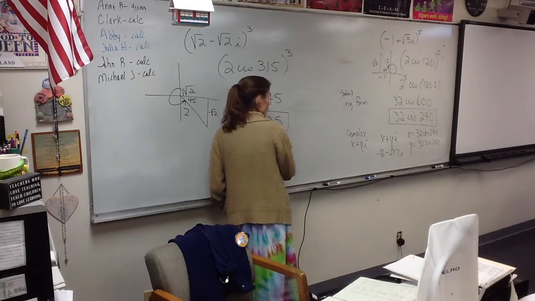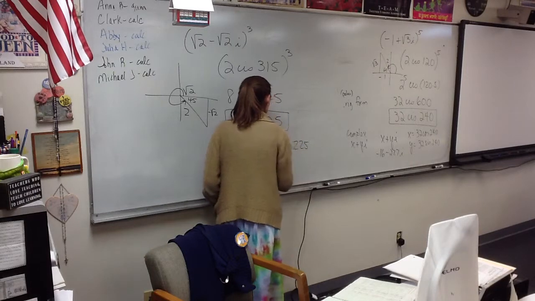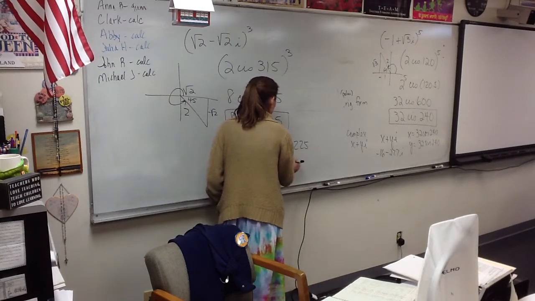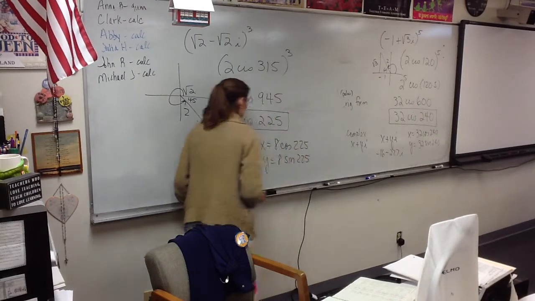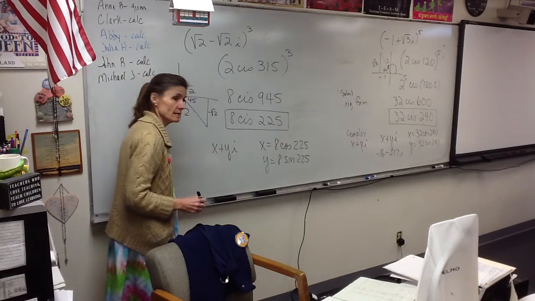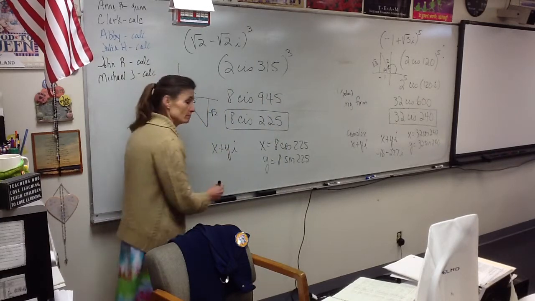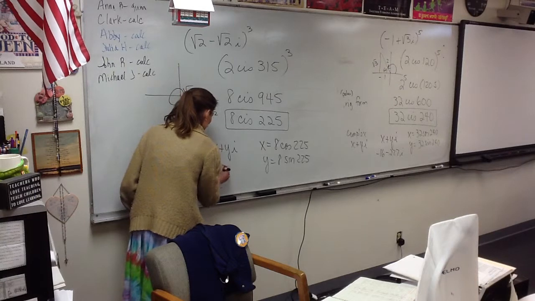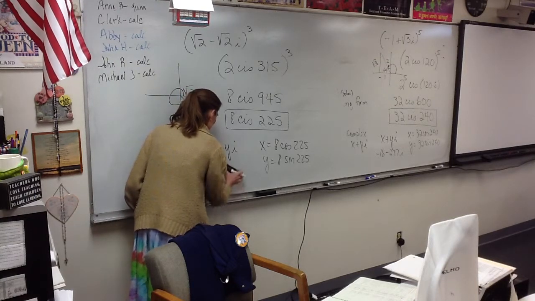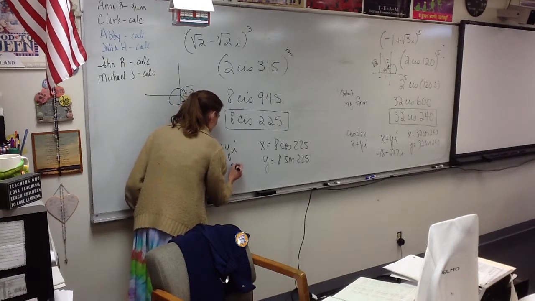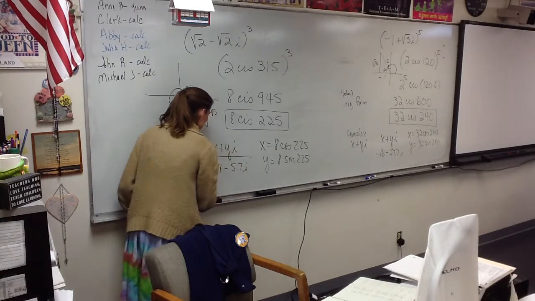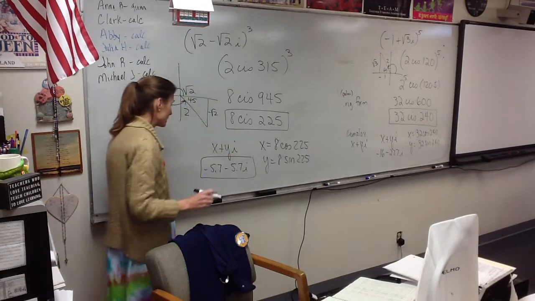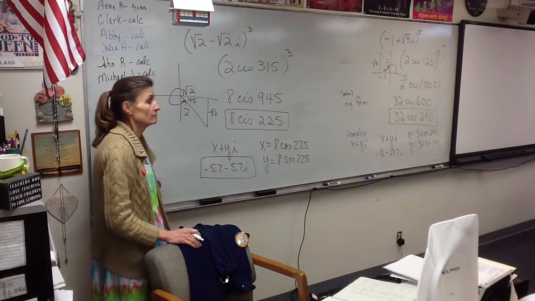Well, we're using 225. But yes, that's right. So I need somebody to type those in and tell me what you get. I got negative 5.7. Is that 5.7 for both? Yep.